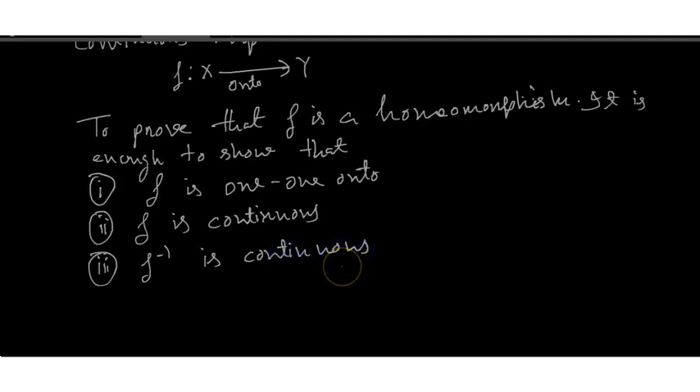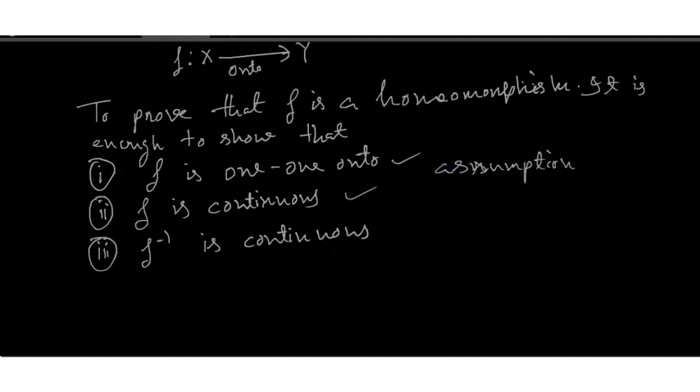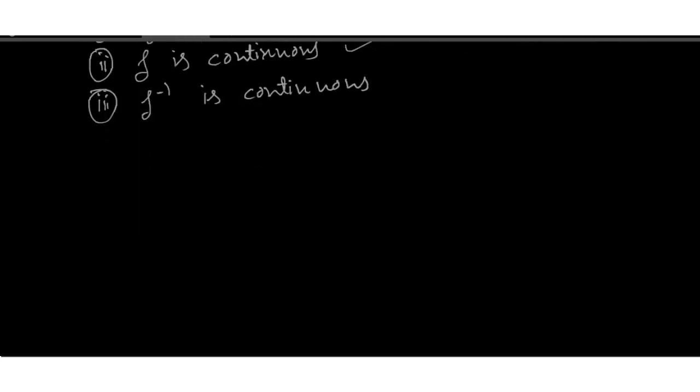If f inverse is continuous, the results 1 and 2 immediately follow from our initial assumptions. It remains to prove 3. So how can we prove that f inverse is continuous?